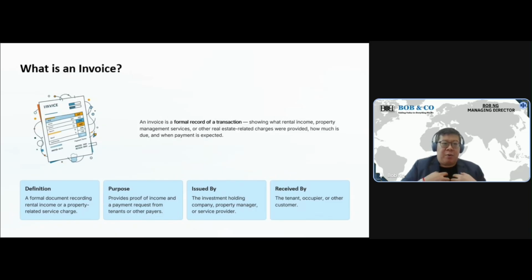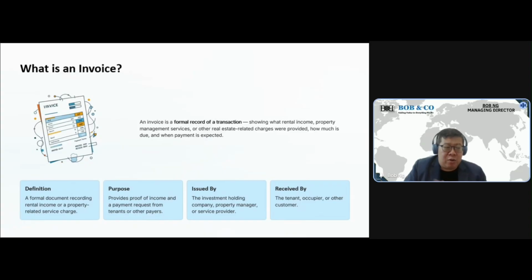If I'm a property owner and I have a tenant staying in my unit, I would need to tell him or her how much my rental income is. And hence, I issue a formal record, either digitally or manually, showing what the rental income is, what the charges are, or what the ancillary charges are that I am imposing on my tenants as well.